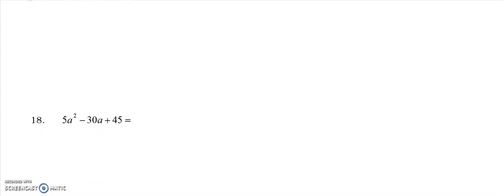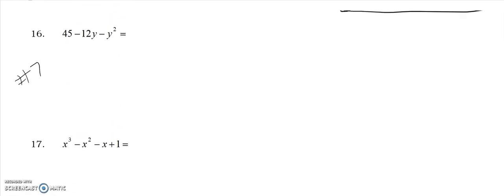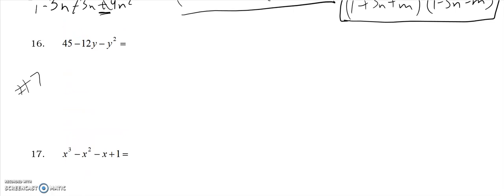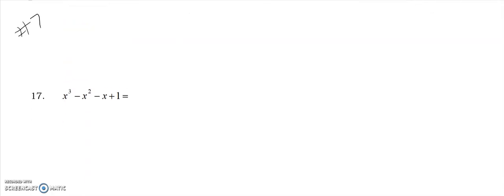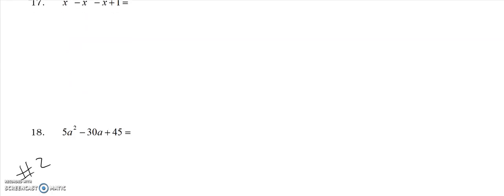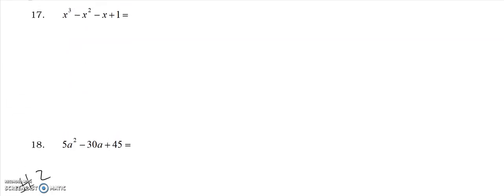So if you'd like, take a look at some of those, and when you are ready, push play, and we can check the answers. On 18, you might want to refer to number 2 if you're not quite sure how to do that. And our other grouping problem, which is a 2x2, 17, if you want to look at number 5, that's a very similar problem as well. Go ahead and pause the video.